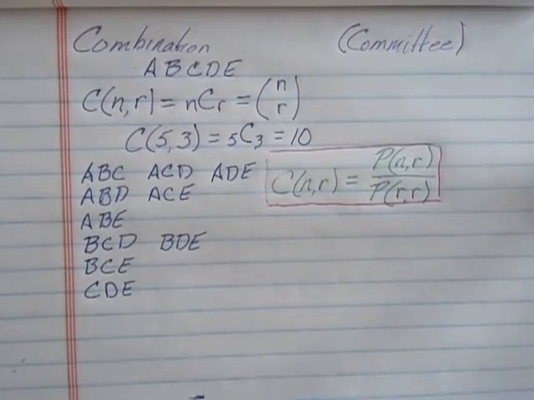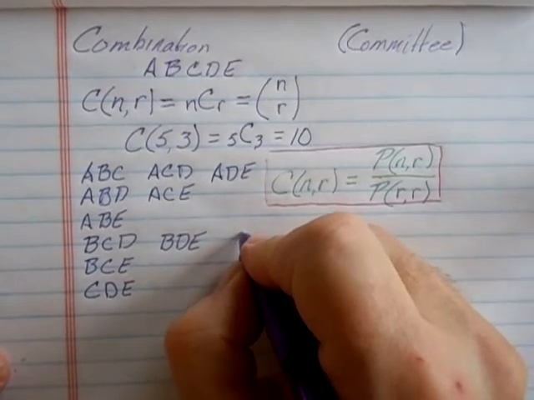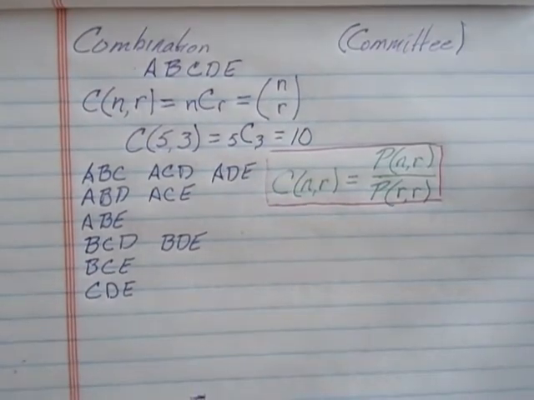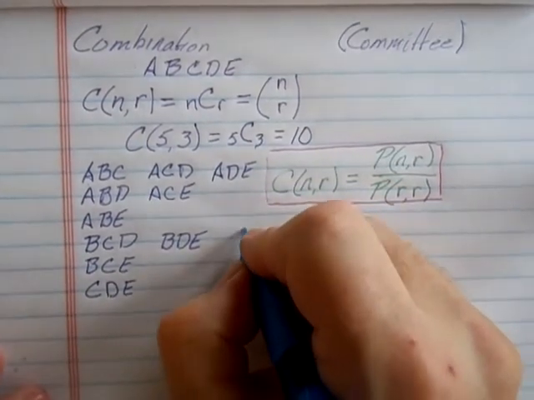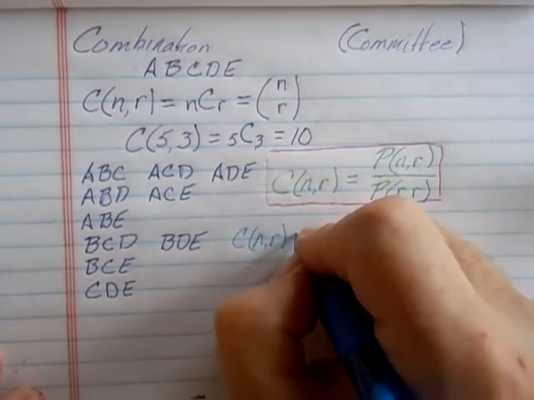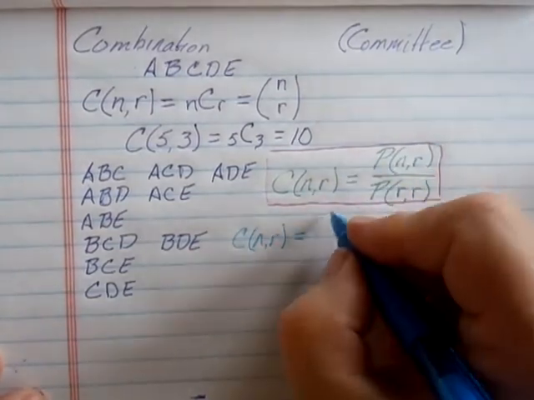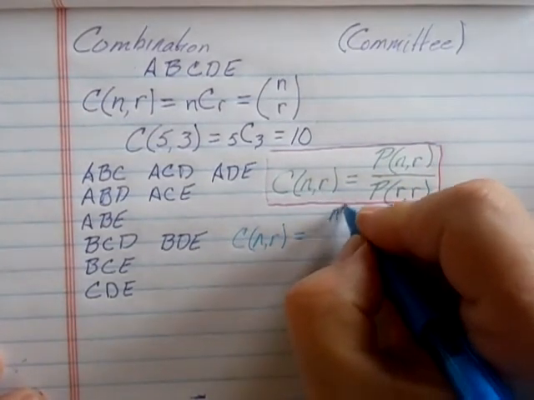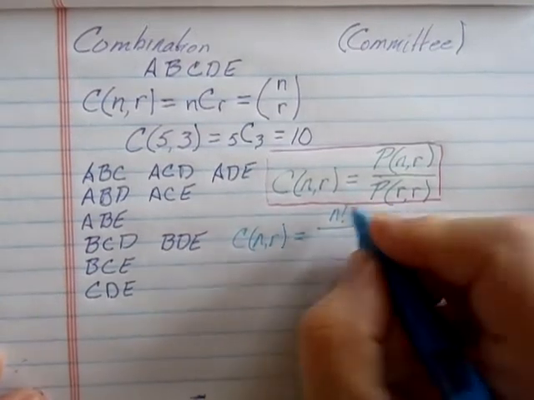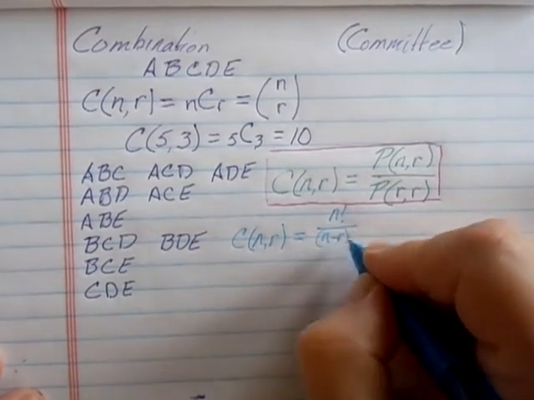Let's look at it for a minute and clean that formula up just a little bit. Let's say that out of n we choose r, we know what that formula is from our previous video. It's n factorial divided by n minus r factorial.